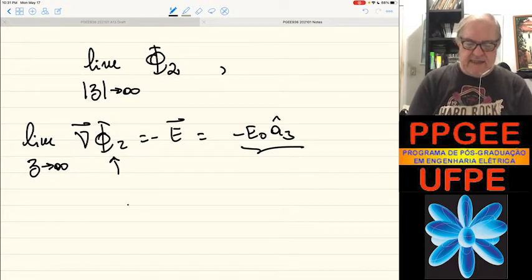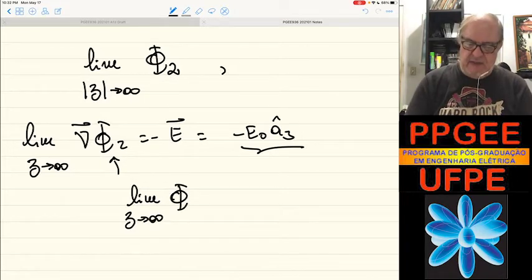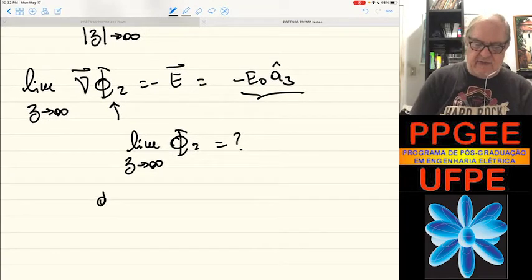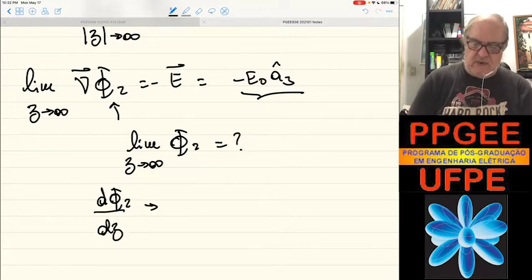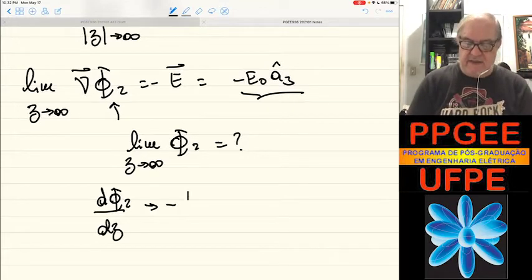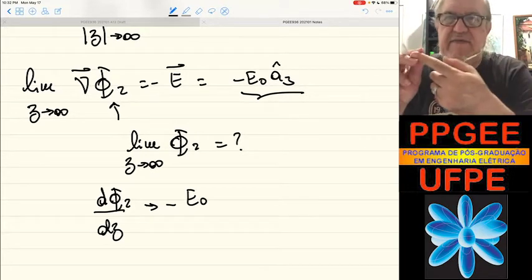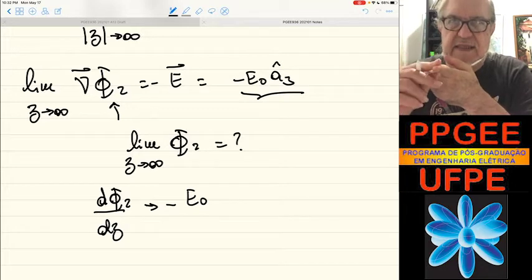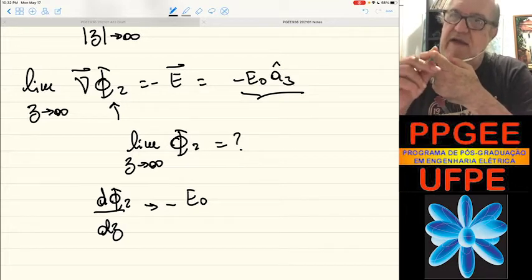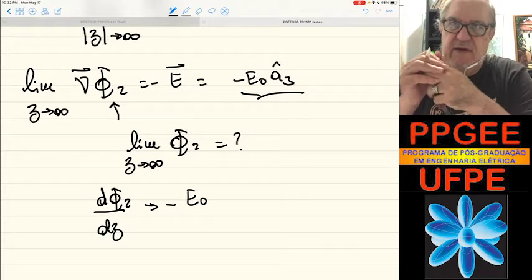So this means that the limit as z goes to infinity of phi 2 is something whose derivative converges to minus E0, right? So we know the derivative is given at infinity. So we have a Neumann boundary value problem.